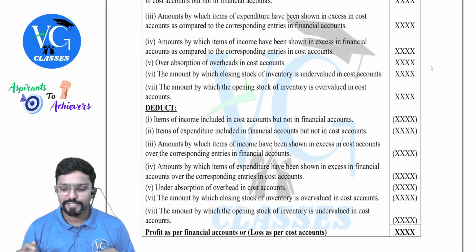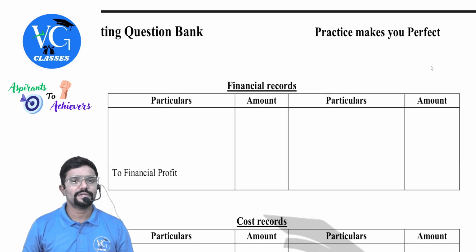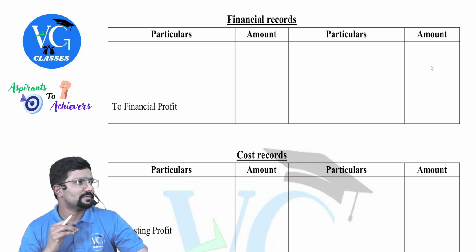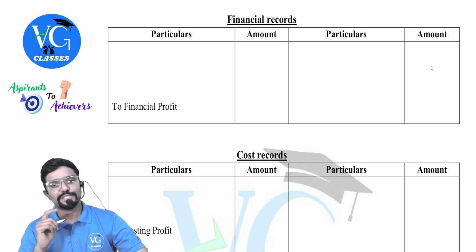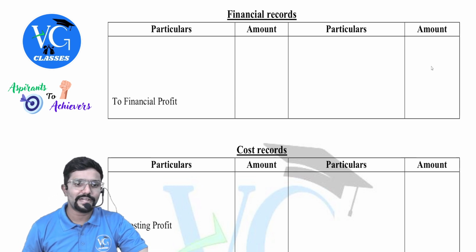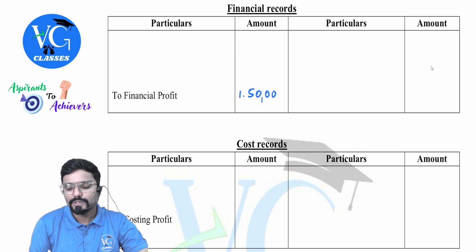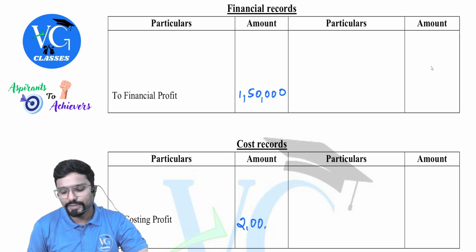Now I will explain each of these items with an example. Please pay attention. This is important because I want you to understand what to add, what to deduct, why we are adding something and why we are deducting something. Let me imagine financial records and costing records are already closed. Financial profit is, assume, 1,50,000 and costing profit is 2 lakh.